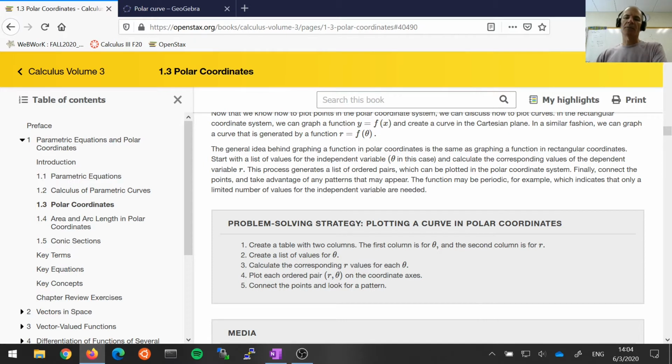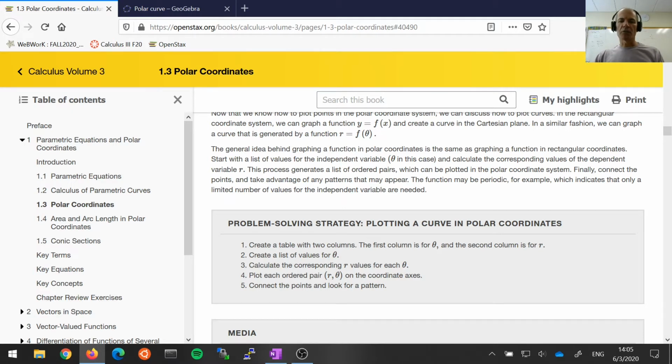But as you gain a little bit of intuition on polar curves, just like you have intuition on Cartesian curves, y equals f of x, you may begin to sketch them more easily. Another strategy is to take the polar form of the curve, r equals f of theta, convert it to Cartesian, and hope that your Cartesian intuition will help you plot the curve.